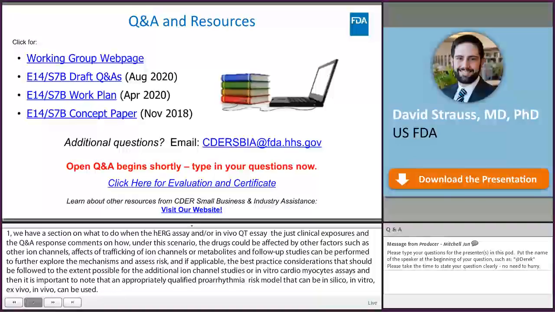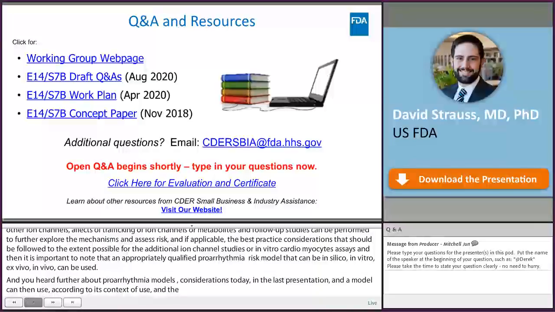And the assessment of TdP risk, torsade risk, using these follow-up studies, while it's optional, can be used together with other relevant non-clinical and clinical information to contribute to the design of subsequent clinical investigations and interpretation of their results.